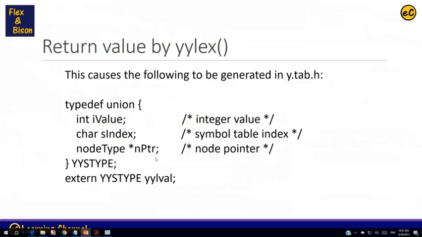And then you have a pointer to the syntax tree. So these three data fields share one space, and it is returned as yylval, the yylval value, by the yylex program.